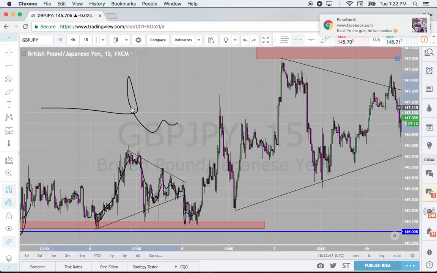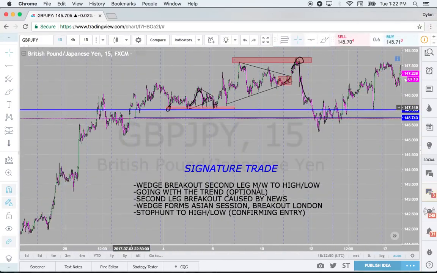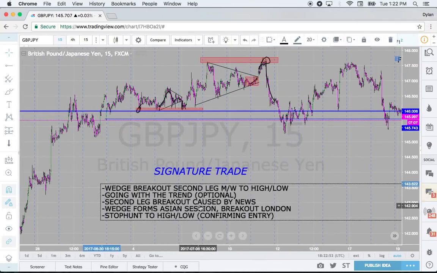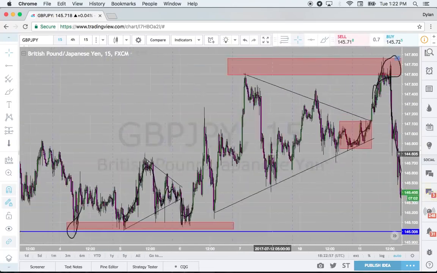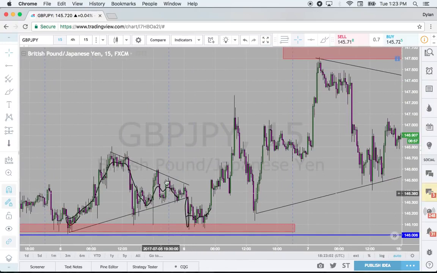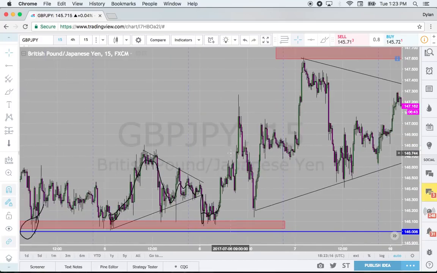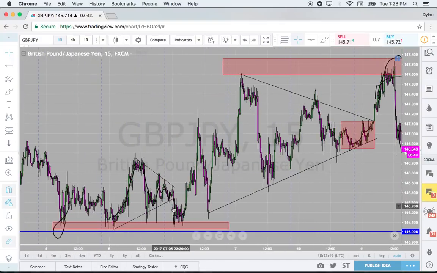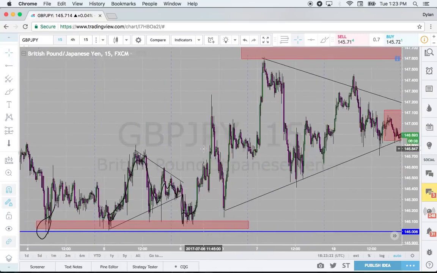Alright, so the wedge forms Asian session, breakout occurs London session. This is exactly what I was talking about. The wedge, the tip of it a lot of times will form Asian session, and then the breakout will be at the end of Asian session or the beginning of London session, and then London session they will reverse the market against the trend, or I should say against the retail traders' positioning.